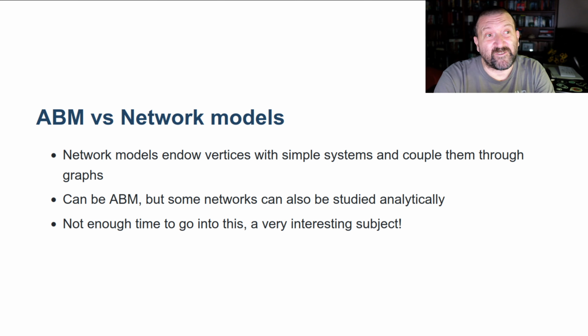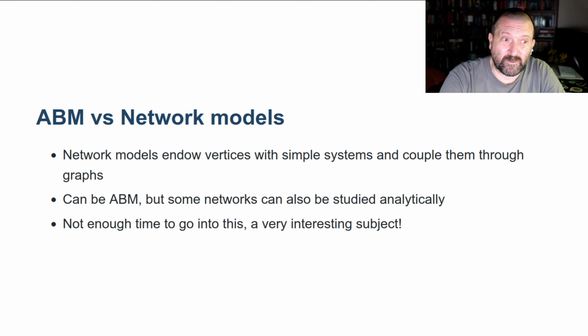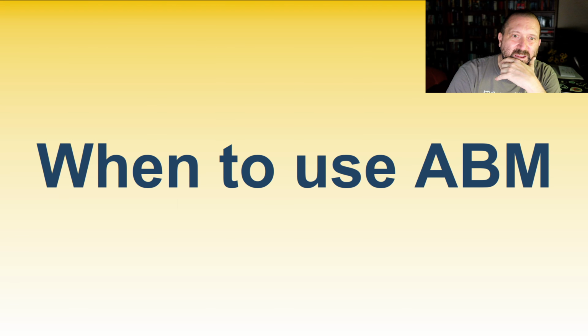They can also be studied analytically with great effect. I am not in this course going into network models. This is another topic. First of all, that is not my specialty, but more importantly it is worth an entire course. So I'm mentioning these as we go, but I recommend seeing other resources for this.